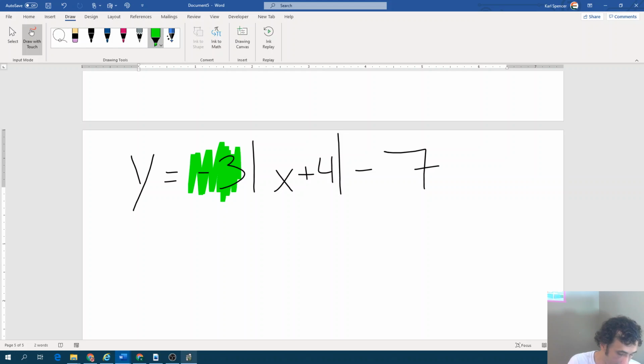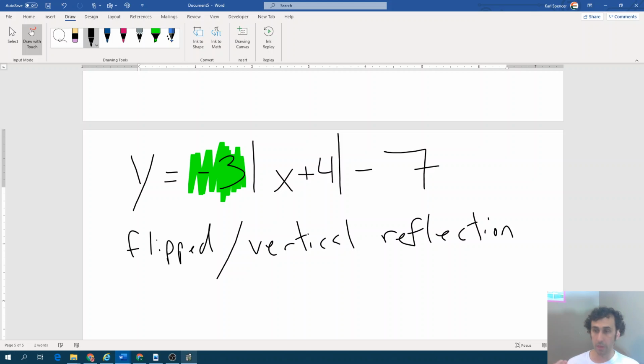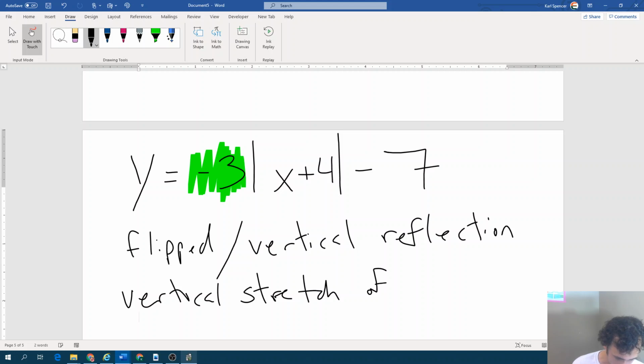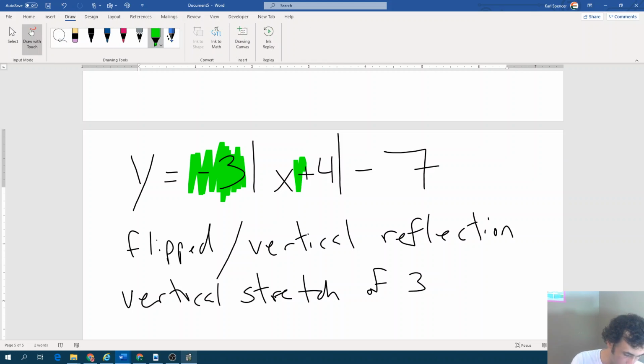So that -3, what does the -3 do? Well, the negative in front is that vertical reflection. So we'll say it's flipped, or it's a vertical reflection. That's that negative. That 3 is a vertical stretch of 3. Going through, what does that +4 do to our graph?